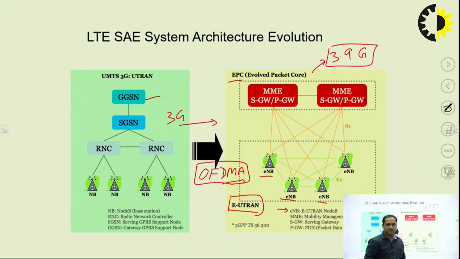So what is the difference between the 3G network and the 4G network? The basic difference is that we have the RNCs, the radio network controllers, in the 3G network, but this function is built into the E node B as well. So there is no separate RNC block in the 4G network. The E node B is self-sufficient to control all the data processing between the different E node Bs.